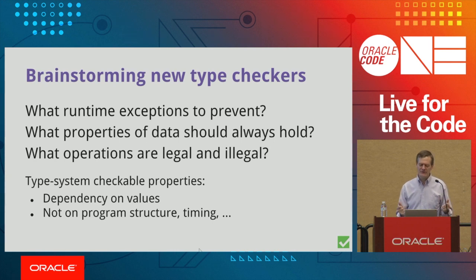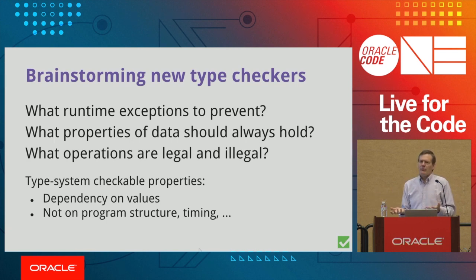So when you think about a type system, you should think about there's some runtime problem that you want to prevent. It might be an exception, but it also might just be a corrupted map or a SQL injection, something like that. Next, think, can you divide all the data in the world into two parts? And what are the properties of those two different types of data?